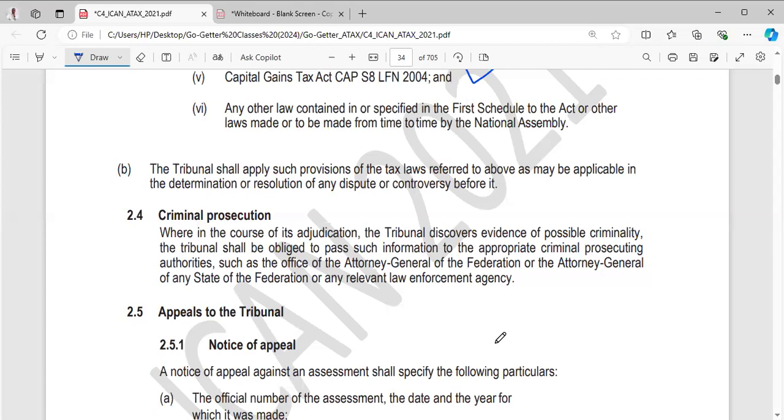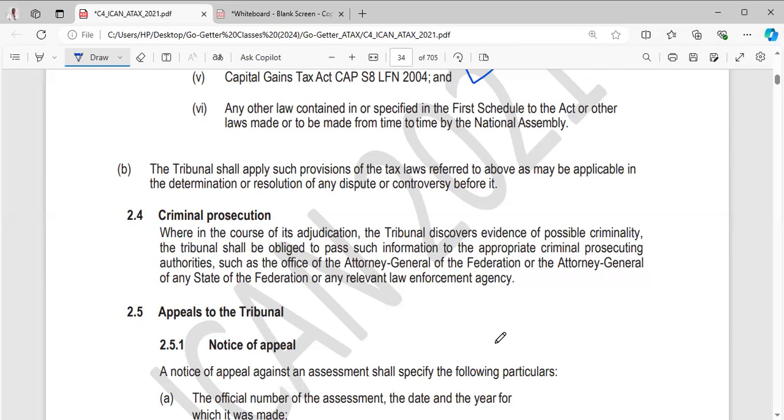They are obliged to pass on that information because it is criminal evidence that they discovered. So while they are judging tax matters, if they find criminal evidence, they pass it on to the appropriate quarters to handle, because that is not their jurisdiction.